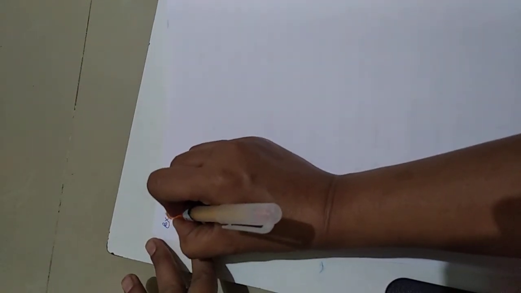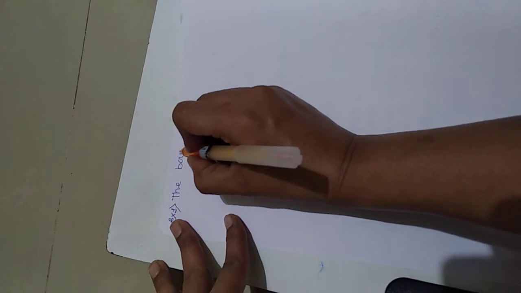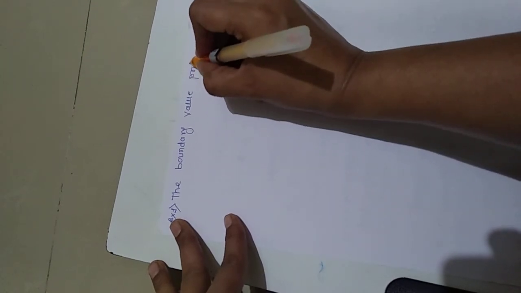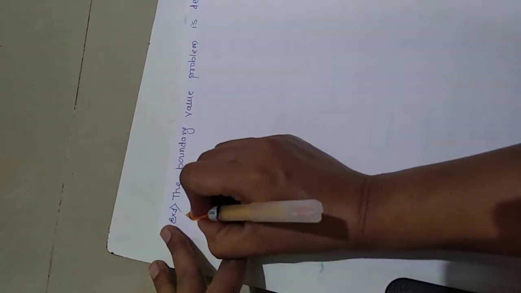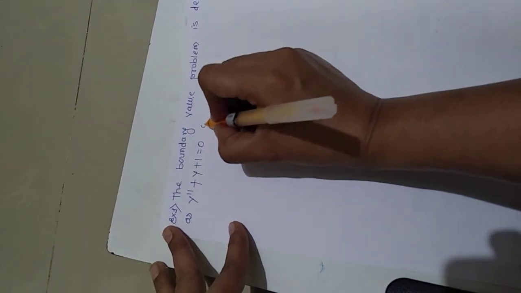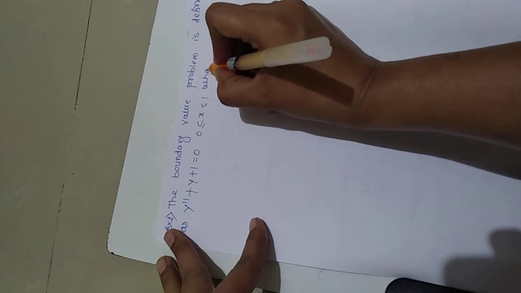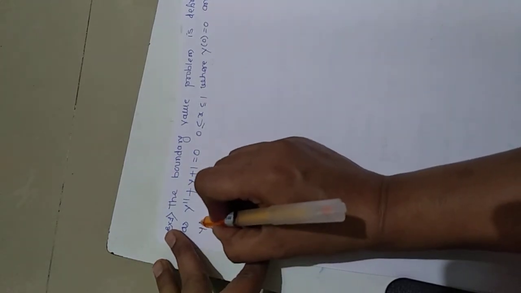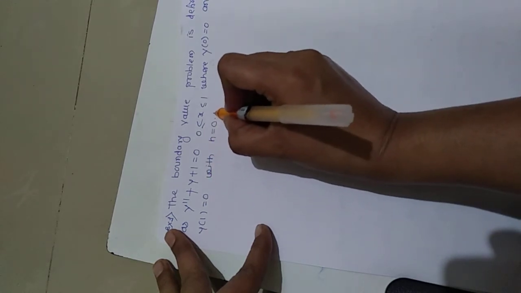Example 1. The boundary value problem is defined as y'' + y + 1 = 0, 0 < x < 1, where y(0) = 0 and y(1) = 0 with h = 0.5.